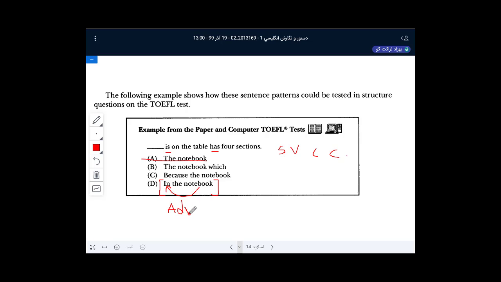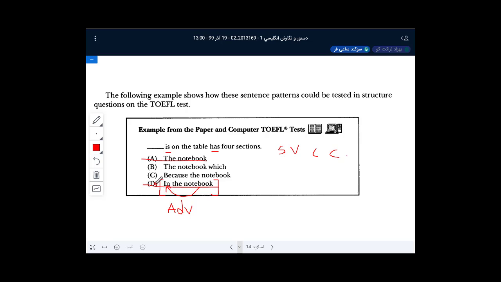When a sentence starts with a preposition plus the object of the preposition, it functions as an adverb. So where's the subject? I don't have any subject. So this is wrong. What is wrong with choice C?